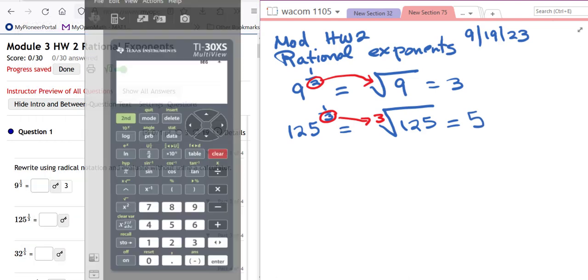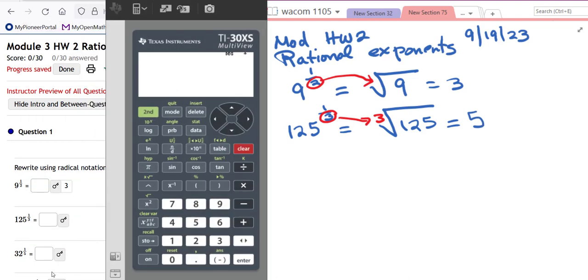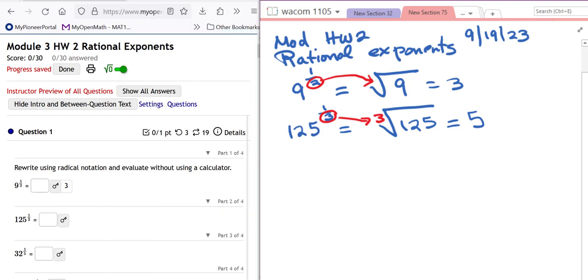It is a 5, or you could check it on your calculator. And so we had to tell it the root, cube root, second, and then the any root button, 125. Enter, 5. And we didn't check.